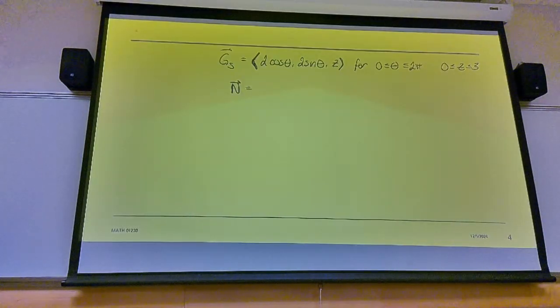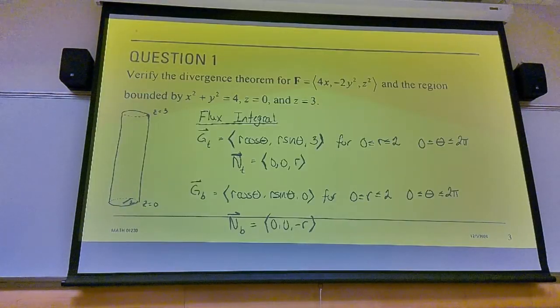It's a normal vector: cos theta, sine theta, z. The z component's the easy one to figure out here.